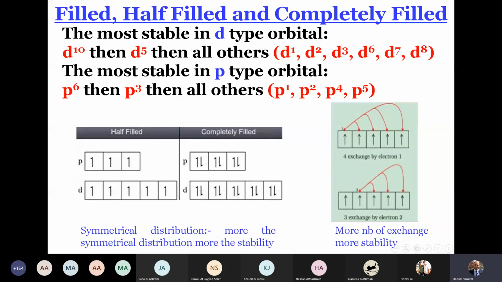As a rule, the completely filled orbital is the most stable, then the half filled orbital. The stability of the orbital increases when we have a symmetrical distribution of electrons, and the symmetrical distribution results in a greater number of exchanges between the electrons, which increases the stability of the orbital.